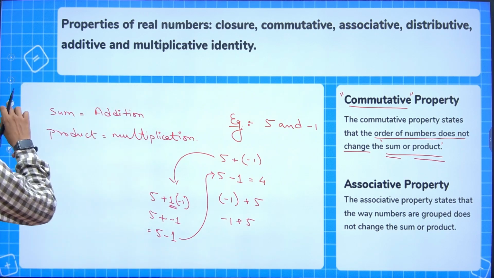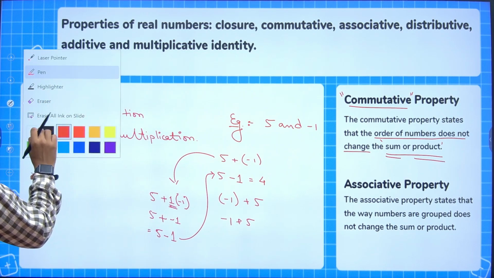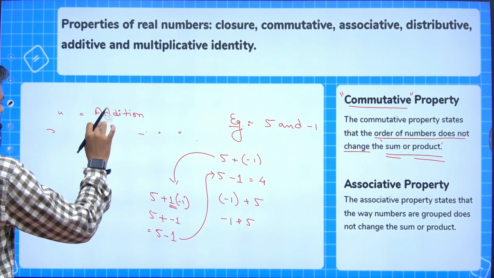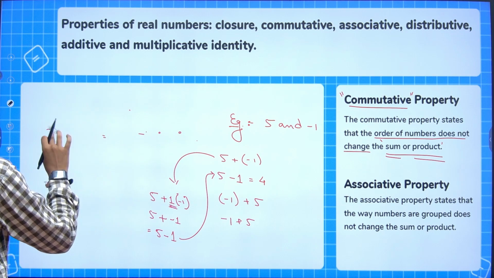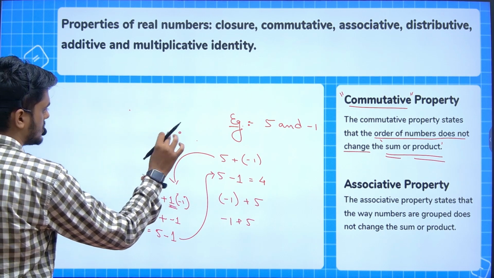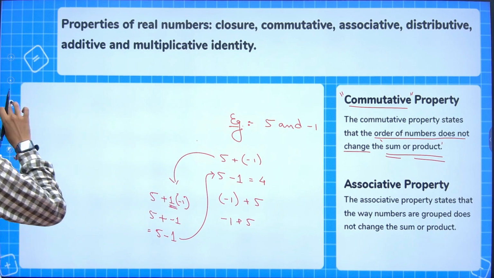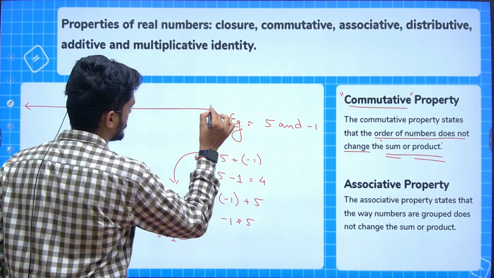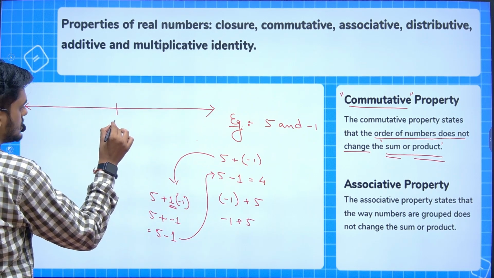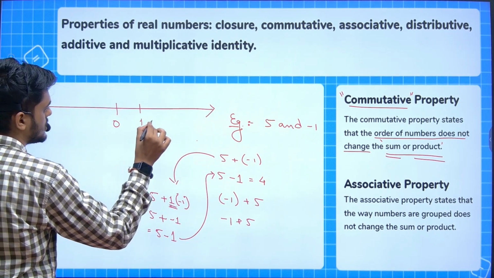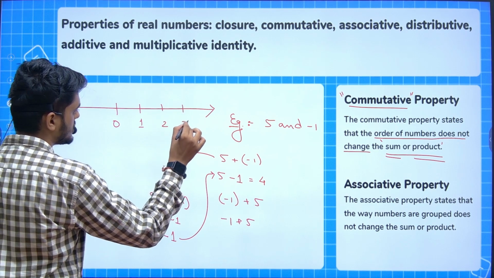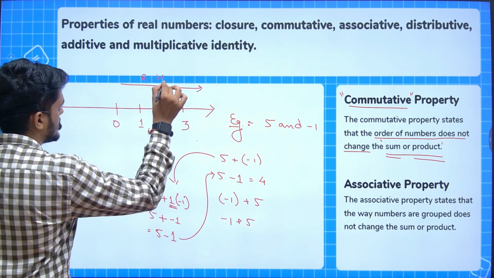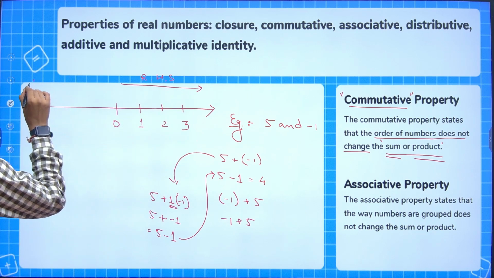We can also conclude or see this by an activity. Let's have a look at it. Suppose we draw the number line. We have all seen this. The positive quantities are on the right hand side of 0.